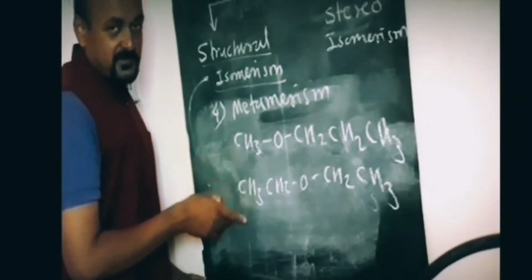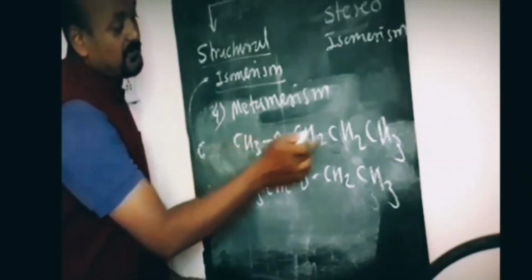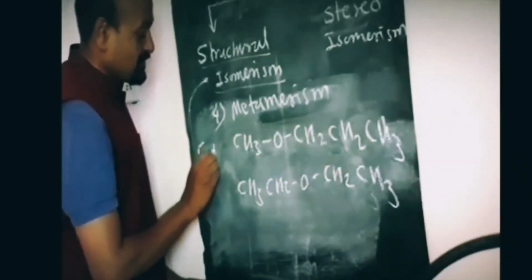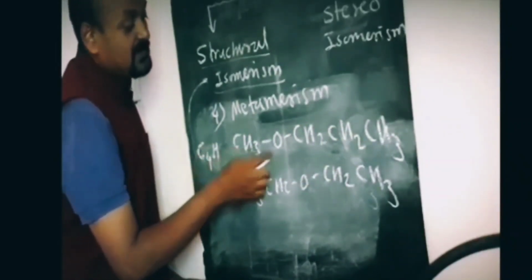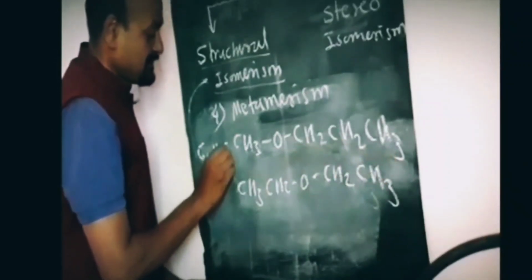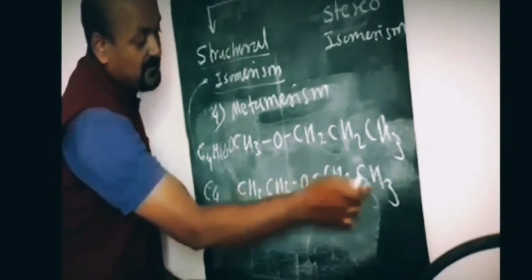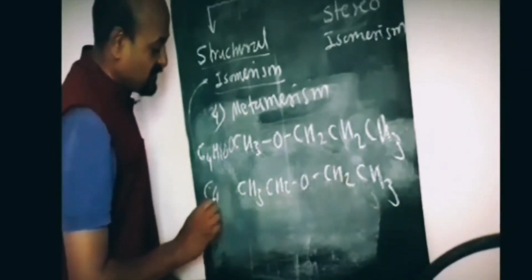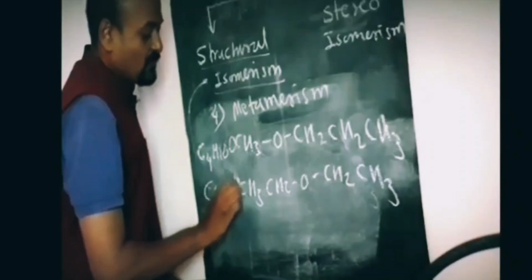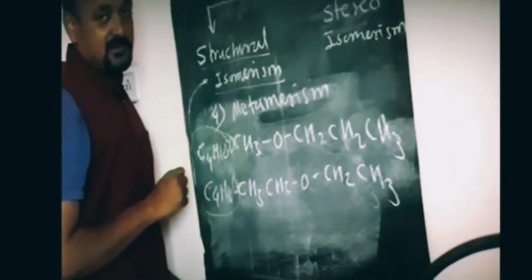Here also the molecular formulas are the same. Here carbon 1, 2, 3, 4, that is carbon 4. Hydrogen: 3 plus 2 is 5, plus 2 is 7, plus 3 is 10, and O. Here also the molecular formula is C4H10O. That means these two compounds have the same molecular formula.